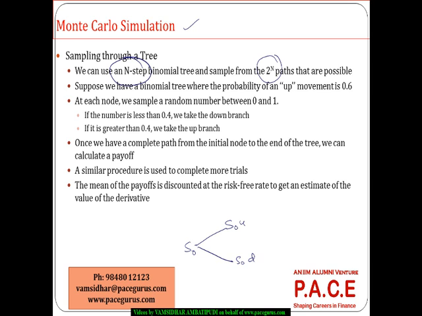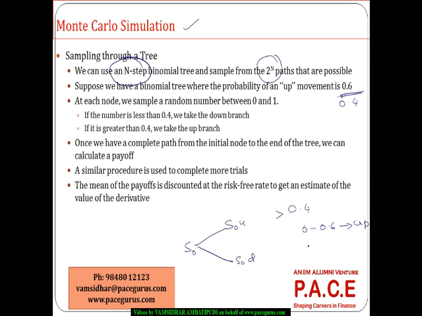So what we are simply saying is, we have a binomial tree and the probability of up movement is 0.6 and the down movement is 0.4. Now I generate a random number. If the random number is between 0 and 0.6, I create it as an up.